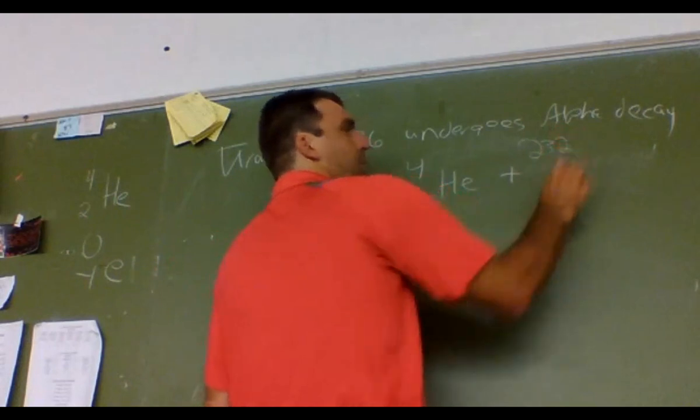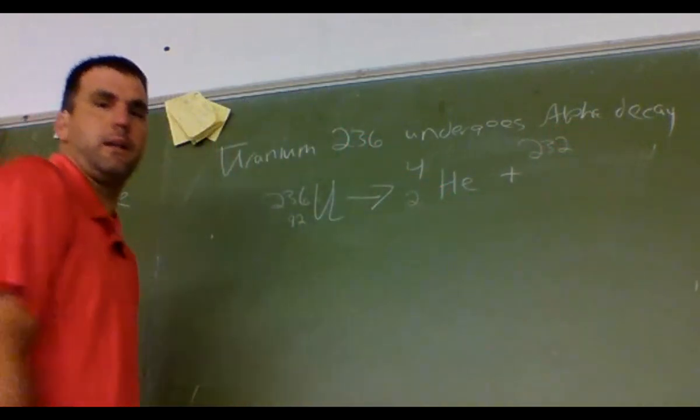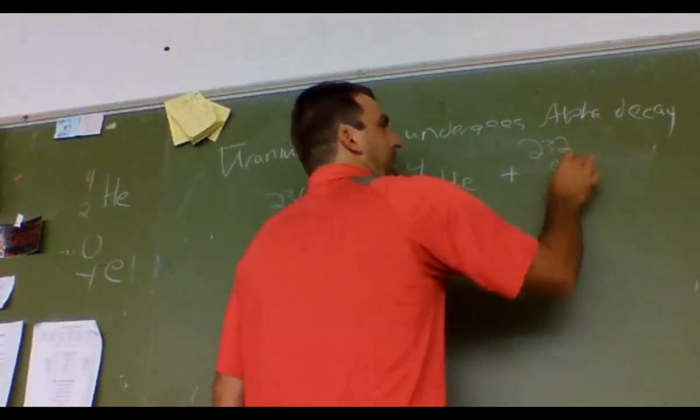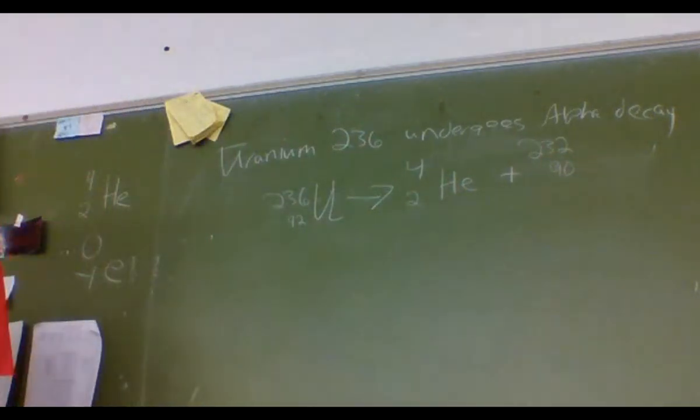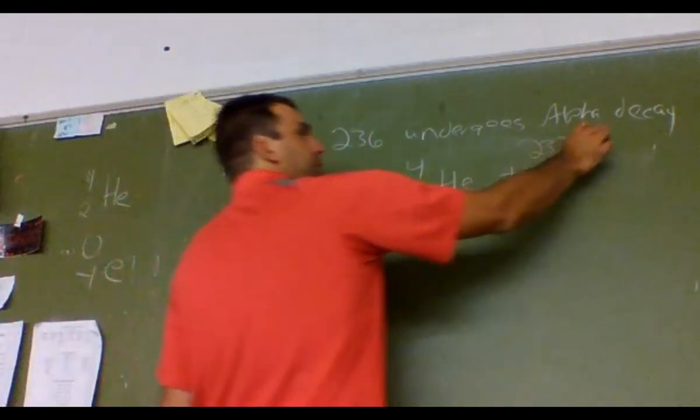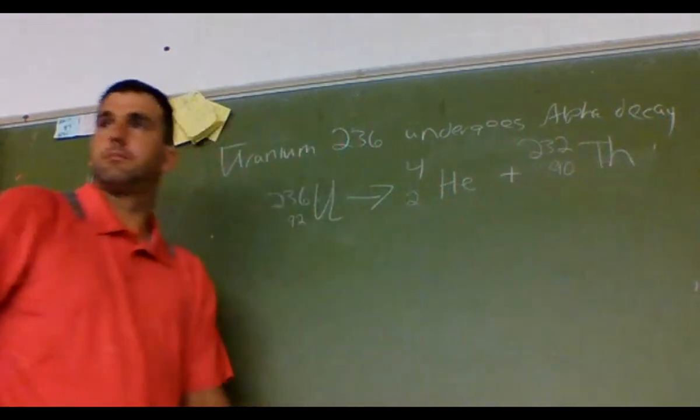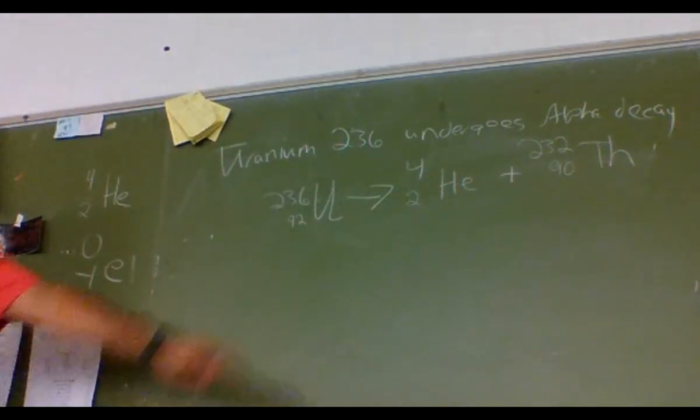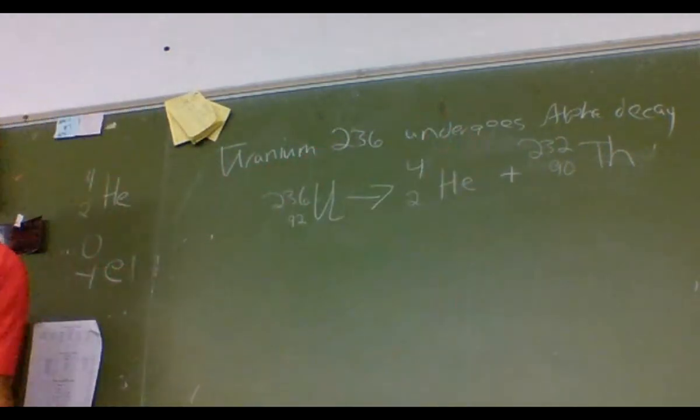What about my atomic number? 90. And what element would that be, Seth? Thorium, Th. Brett, where did you get the 4, 2? Alpha decay. Alpha particle.